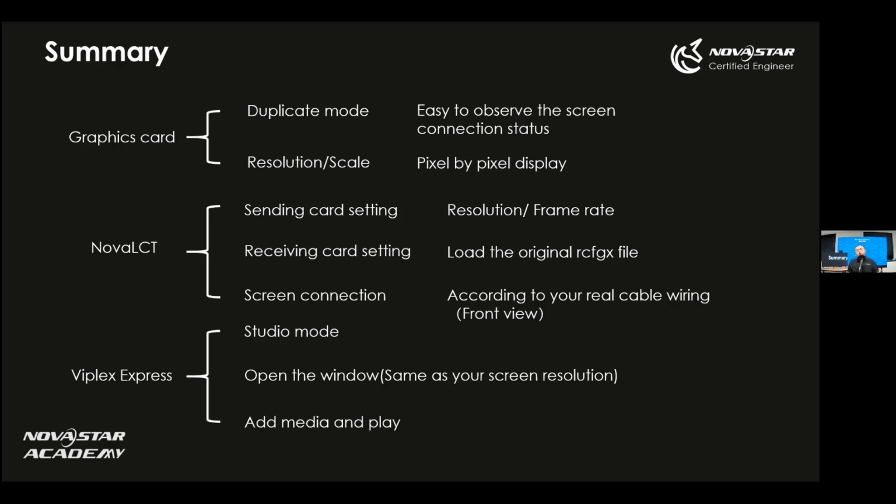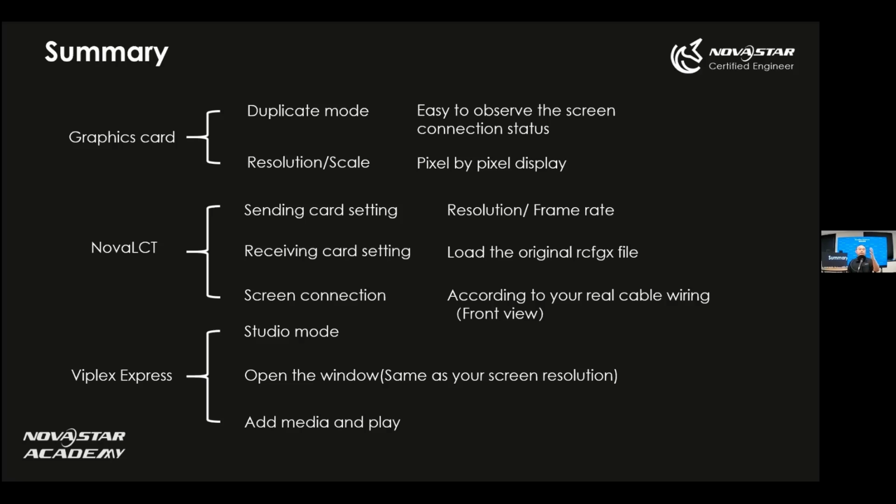Then we have the NovaLCT. We need to set up the correct sending card settings, the resolution, the refresh rate. Then we have the receiving card settings. Here we suggest you load or save the RCFG file from your supplier. We don't suggest you create a new one by yourself if you know nothing about your screens. It's really dangerous.